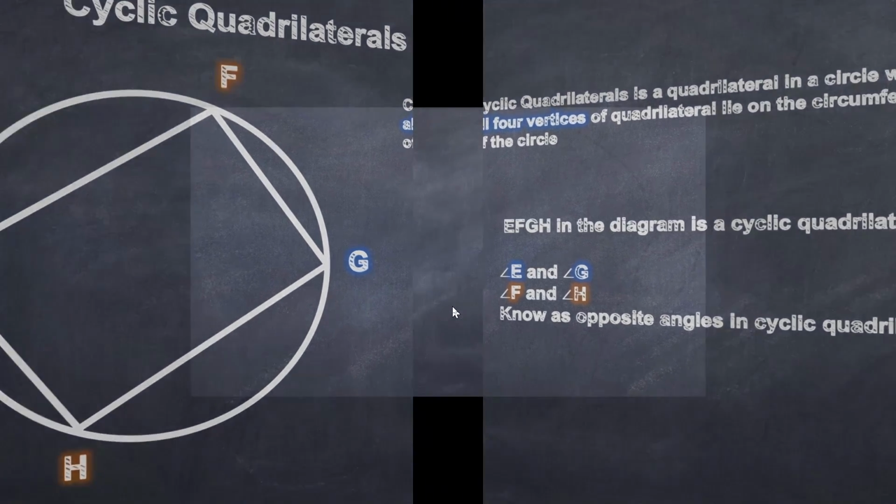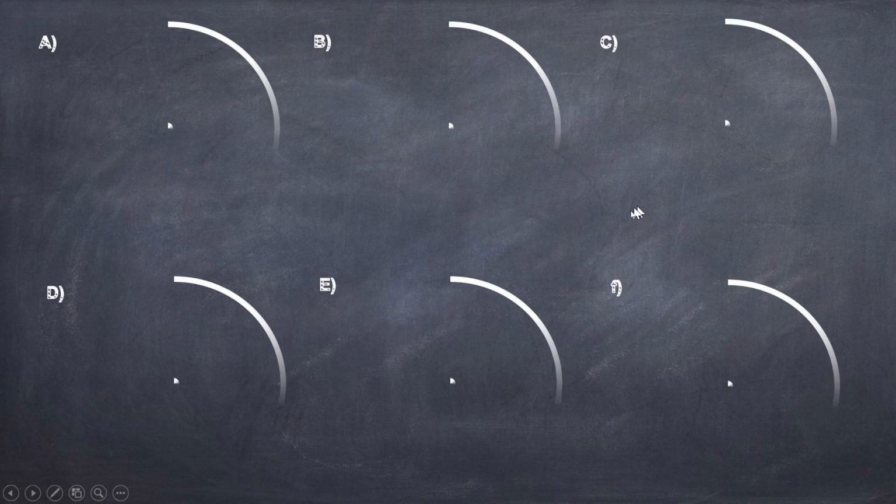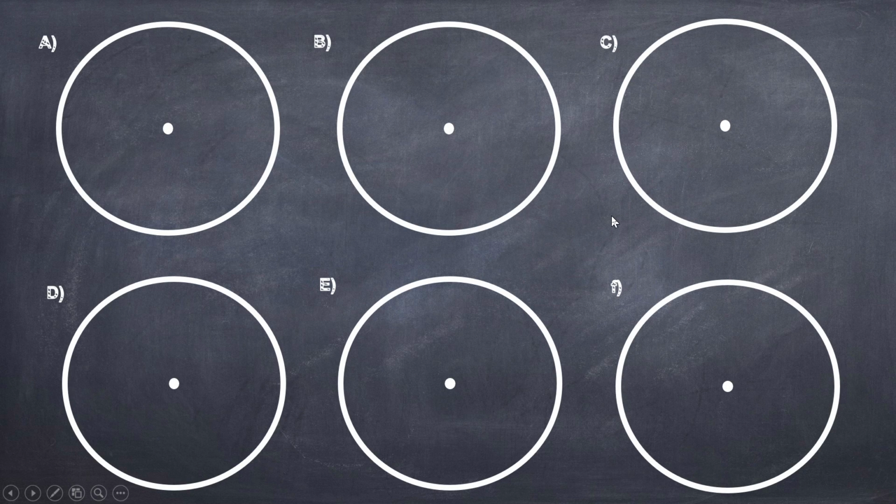Okay, let's proceed. Let's do a little bit of practice. Alright, as you can see the question A. From the figure, you can see that one of the vertices is lying outside the circle. So what do you think, class?